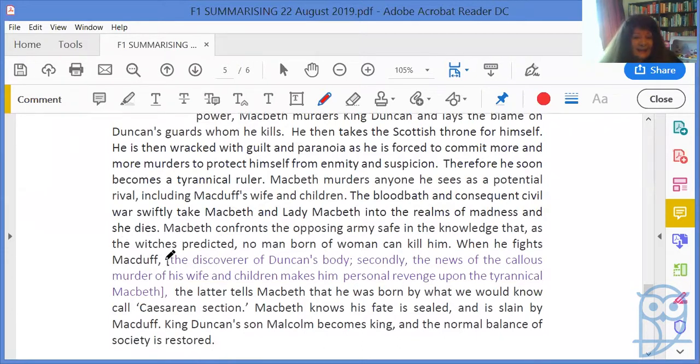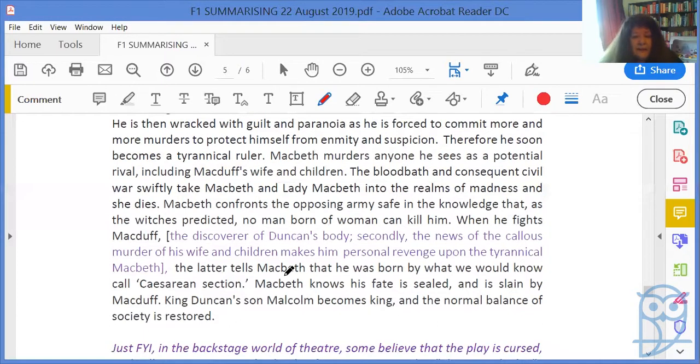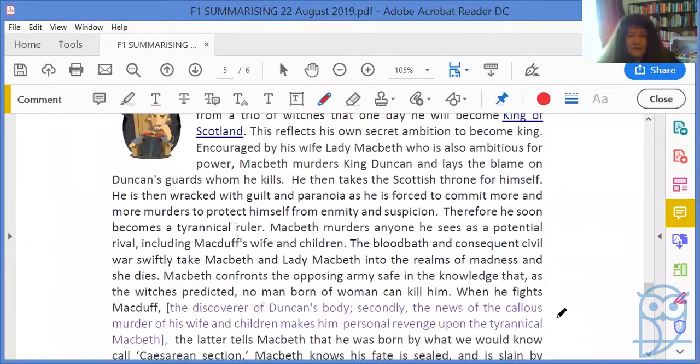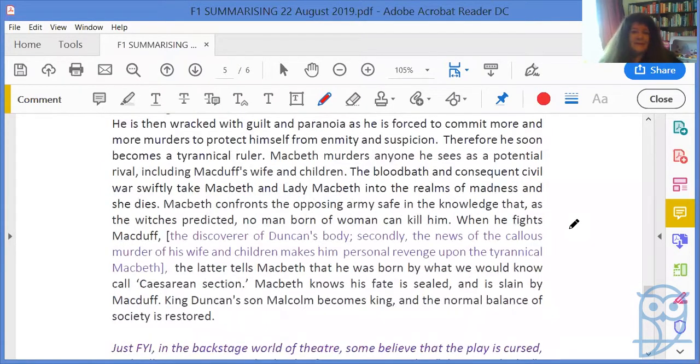And when he fights Macduff, who's the person who discovered Duncan's dead body, the latter tells Macbeth that he was born by what we now call Caesarean section. So this man was not born of woman. So Macbeth knows his fate is sealed, and he's slain and killed by Macduff. And then King Duncan's son, Malcolm, becomes king, and the normal balance of society is restored. So that is Macbeth in a nutshell. Murder, death, madness, etc. So it's quite interesting for a nice little read.